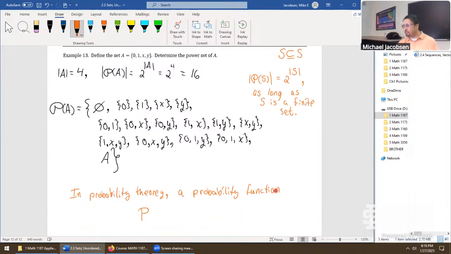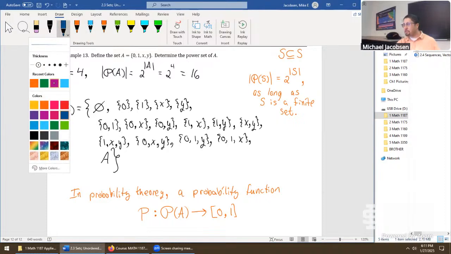It's a function confusingly defined by P, think probability of an event A, but its domain is the power set of A. There's different ways to define probability functions, but this is a specific one for finite events. It outputs a number between 0 and 1, including the boundaries.